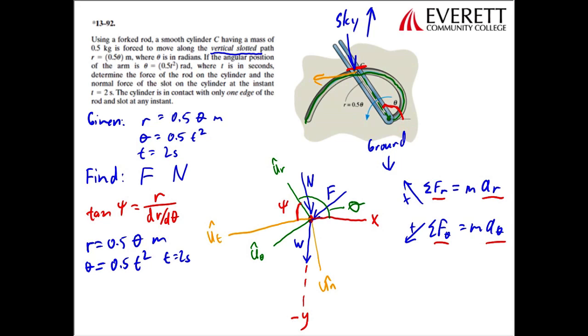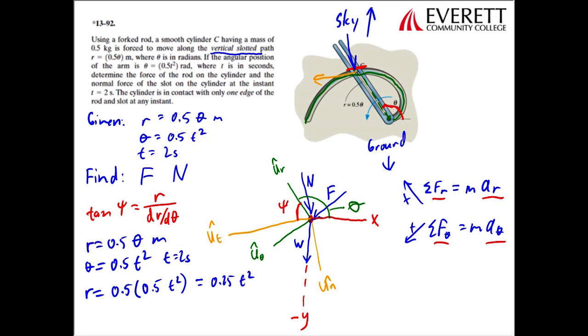So you can plug theta into your r equation, and you get r is equal to 0.5 times theta, where theta is 0.5 t squared. So that's equal to 0.25 t squared.